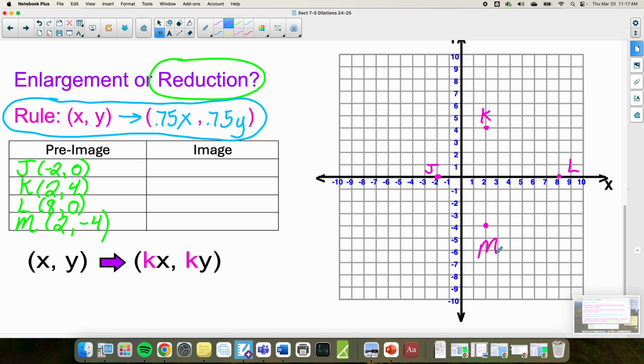You don't have to, but try to get lines as straight as you can if you don't use a ruler. So you're going to plot that original figure and label all of the points, the vertices.